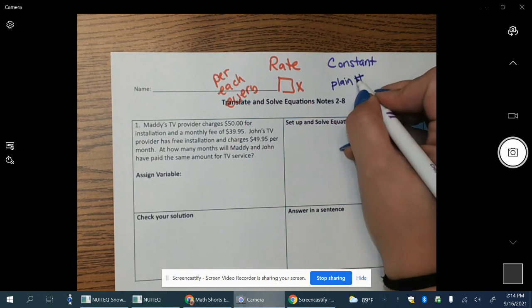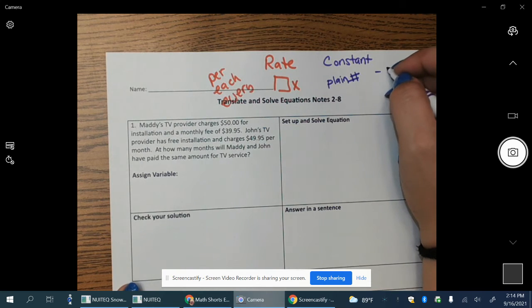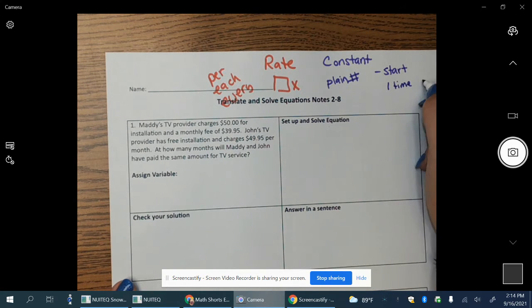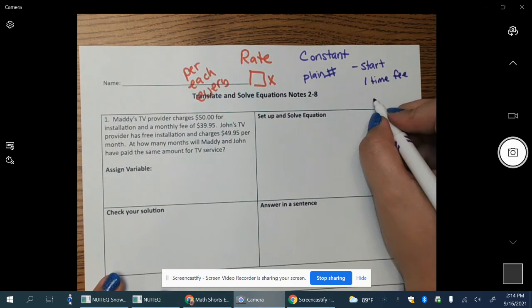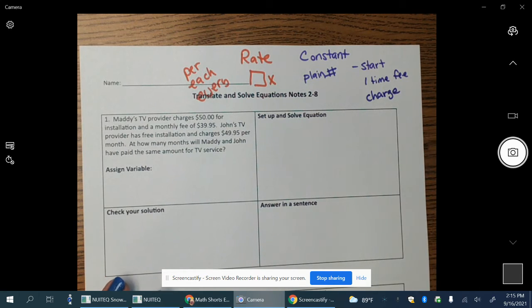A plain number. Now, you don't always have a plain number, but sometimes you do. Okay, this is going to be like the starting point or a one-time fee or a charge. Okay, it's something that happens one time. Sometimes you have constants, sometimes you don't. But every single time you're going to have a rate.